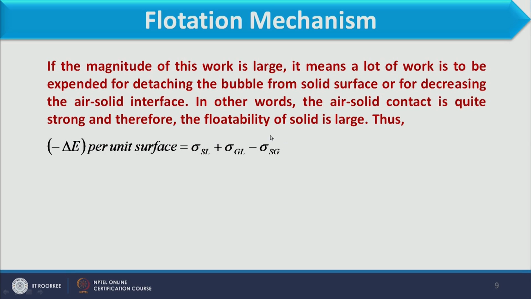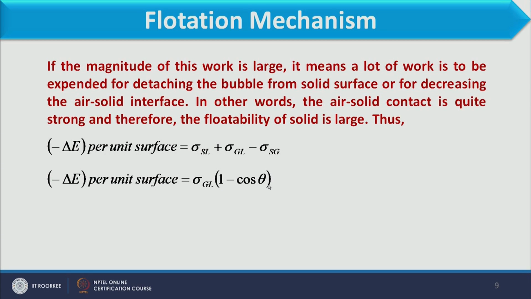However, energy will be released when the air bubble is formed, and therefore sigma SG will be considered with a negative sign. Now, considering the previous equation and this equation, we can further correlate loss of energy per unit surface as sigma GL (1 minus cos theta).